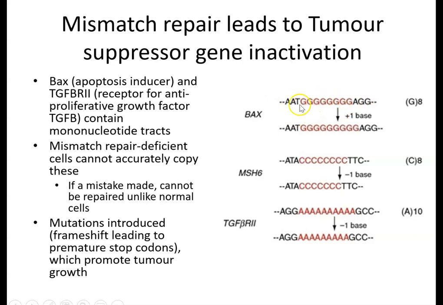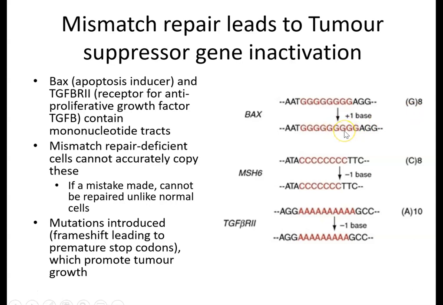So if DNA polymerase is copying this DNA and makes a mistake and puts in an extra G, there will be a mismatch. And one of these Gs will not be paired up with a C on the opposite strand, and there'll be a mismatch. The mismatch repair system will spot that and correct the error.